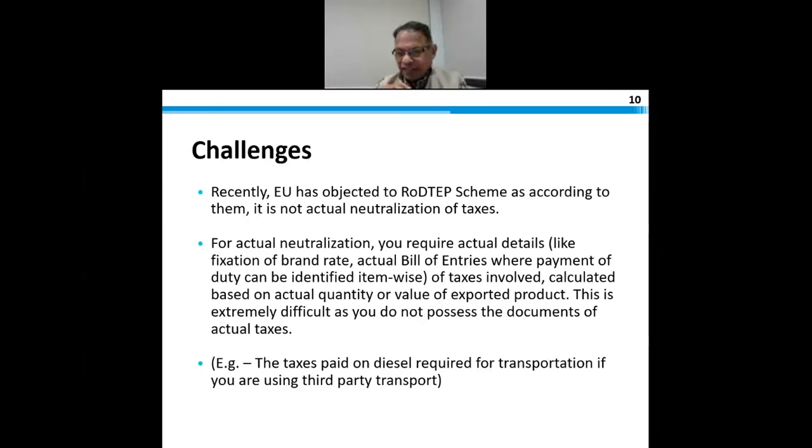One good example, the taxes paid on diesel required for transportation if you are using third-party transport. The third-party transporter will only give you a bill of total freight. Even if you ask him 100 times, he is not going to tell you at which petrol pump he has filled the diesel or gas and what is the actual tax he has paid on it.